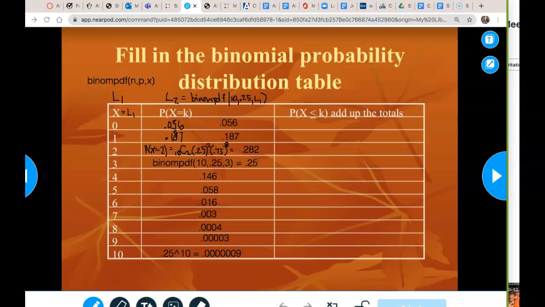So like if I do this, it is going to be 0.056. This one is probability of 0 plus probability of 1.